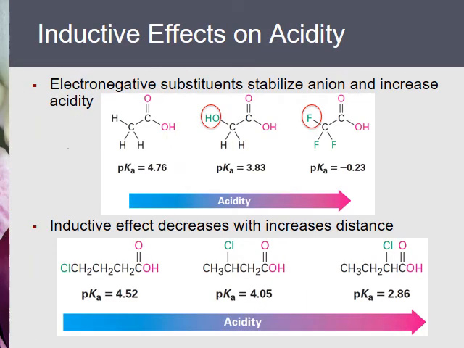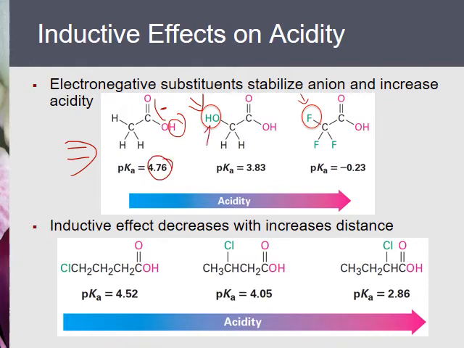Here we show 3 carboxylic acids with 2 carbon atoms, but one with a hydroxy group, one with 3 fluorine atoms. As we already showed, when acetic acid deprotonates the hydrogen, it forms acetate anion, where 2 oxygens share a negative charge. This delocalization of negative charge makes the acid a good acid.